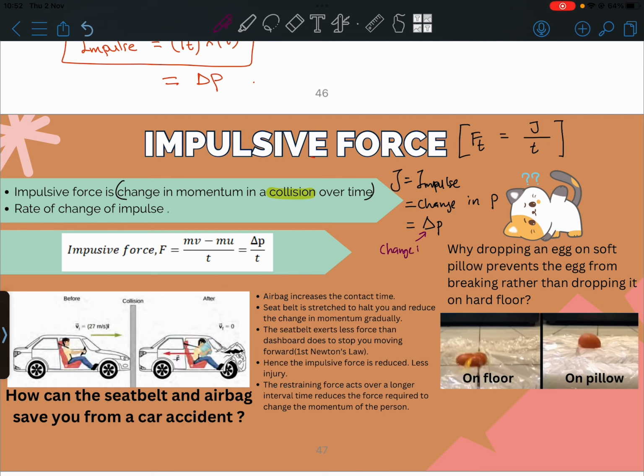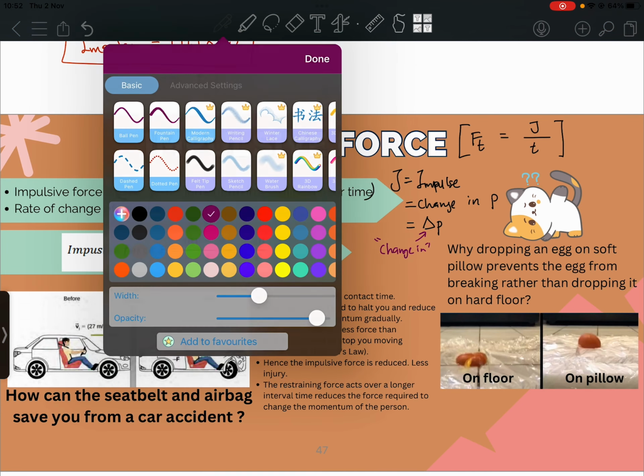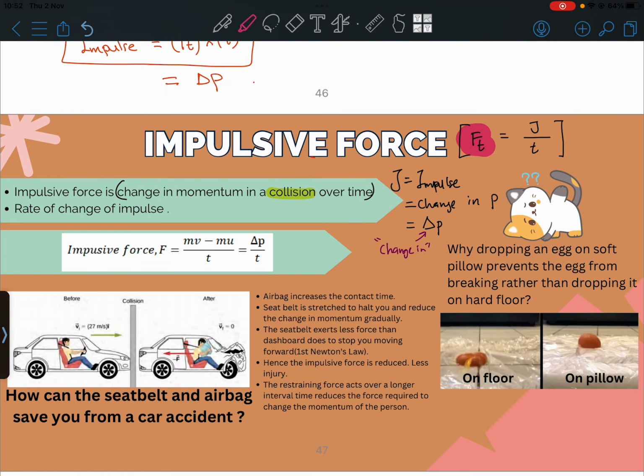We shorten certain words into certain symbols; in this case it's delta. So actually the impulsive force is simply the force due to the change of momentum over the collision time. You can read these short notes.